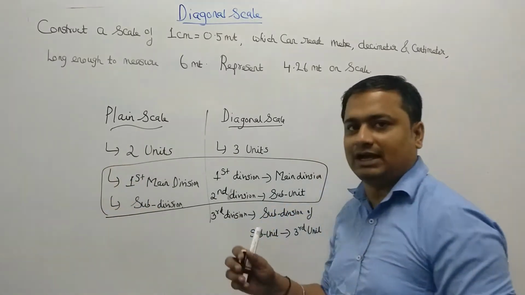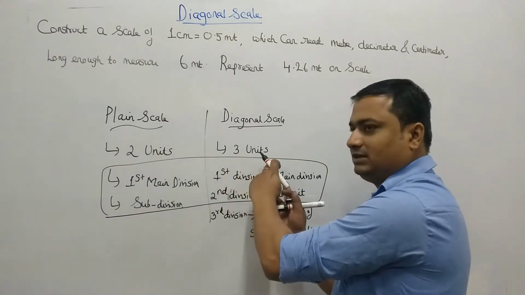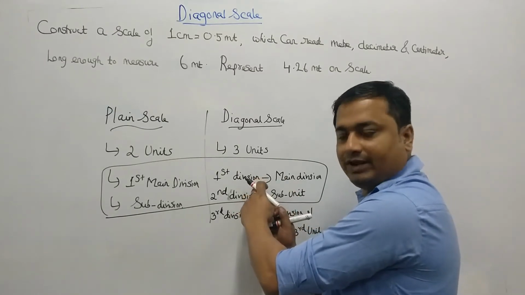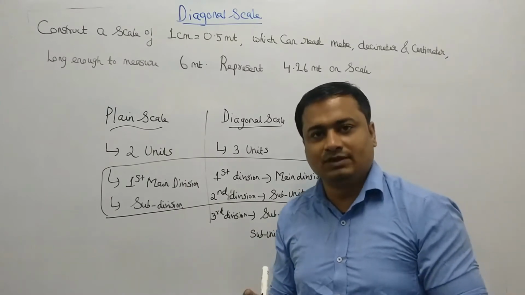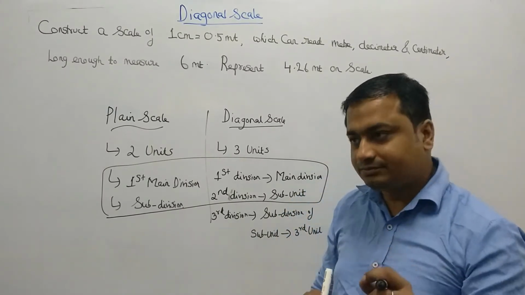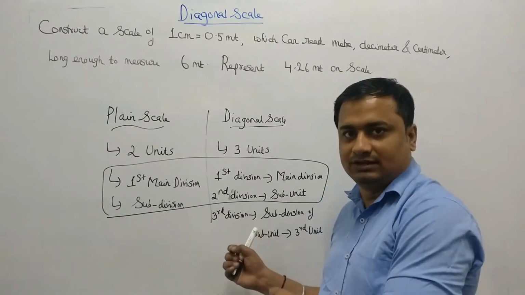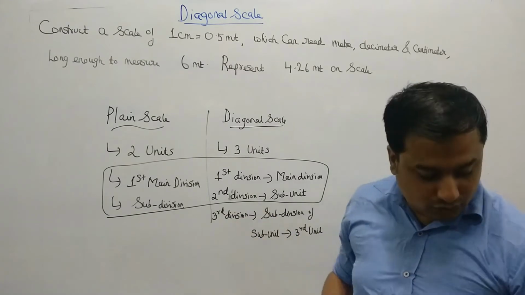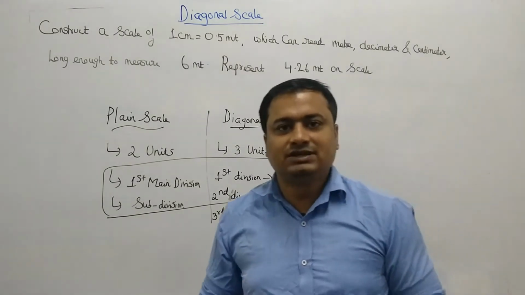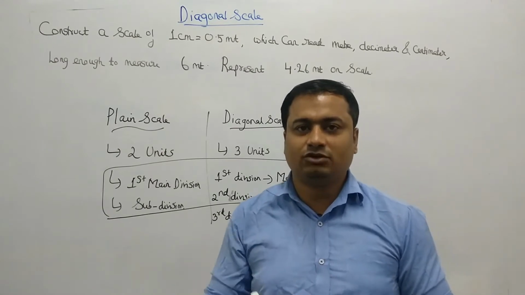So the construction of the diagonal scale is similar to the plane scale for the first division, that is the main division, and for the subdivision, right? For the third division, that is the subdivision of the subunit, we are going to add something in the diagonal scale. So that I am going to discuss today by means of one problem. The difference between plane scale and diagonal scale is that plane scale is used for measurement of two units, but diagonal scale is used for the measurement of three units.